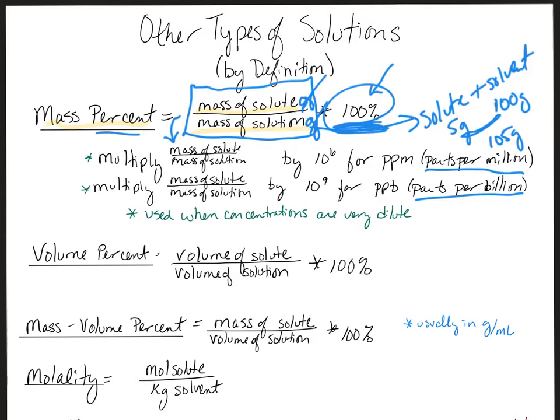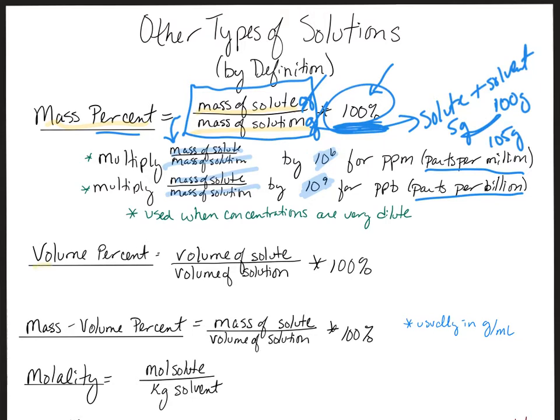So what we do is we take the mass of the solute divided by the mass of the solvent, just like we did above. And if you're looking for parts per million, you multiply by 1,000,000, which is 10 to the 6th. And if you're looking for parts per billion, you multiply by 10 to the 9th. So we don't use the 100% here. That's the only difference, is that we're just using 10 to the 6th or 10 to the 9th.